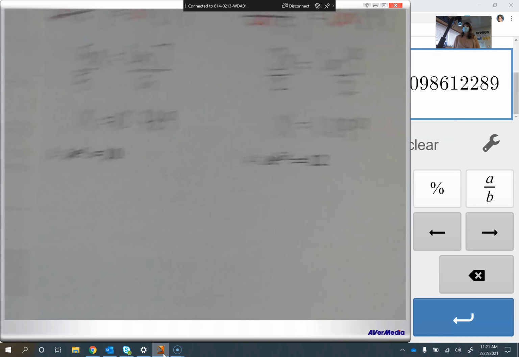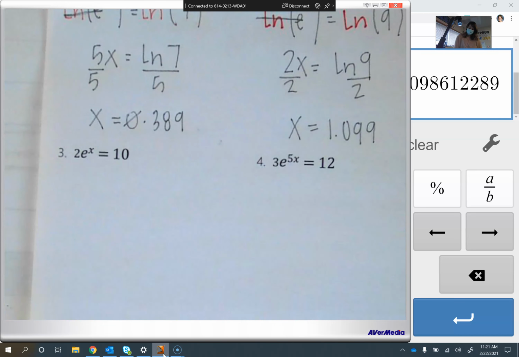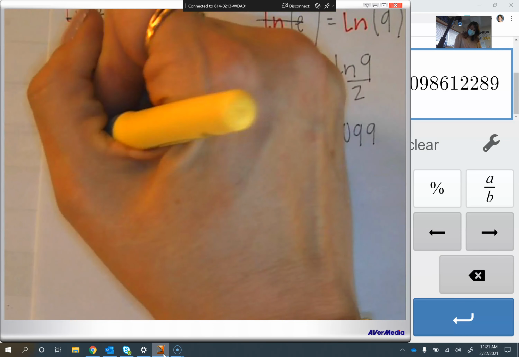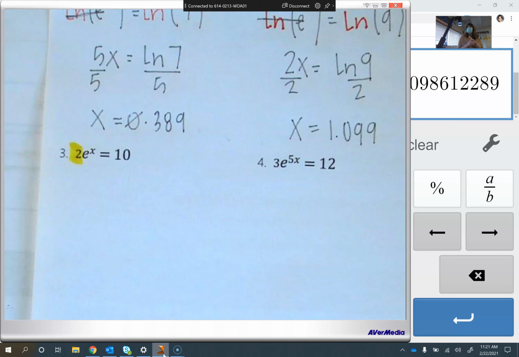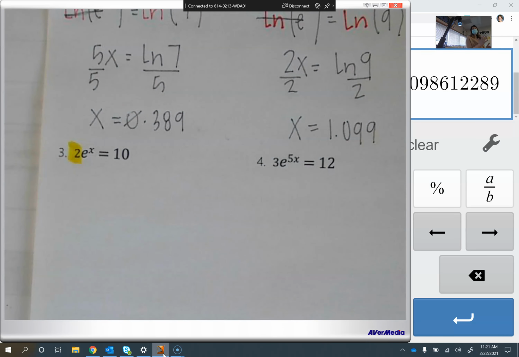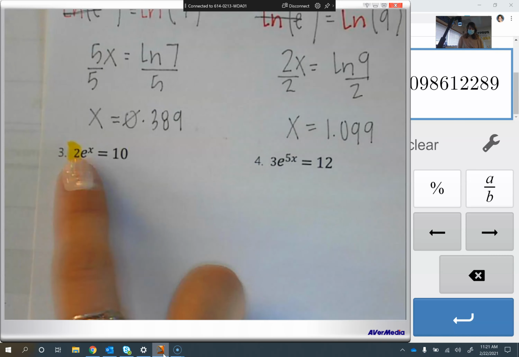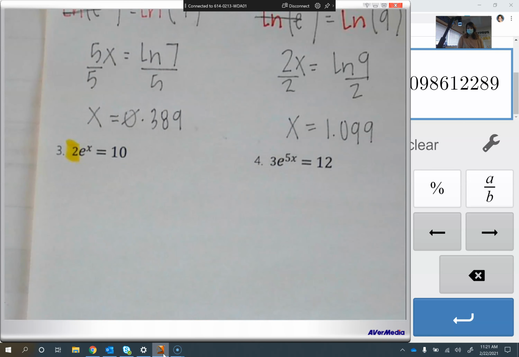Okay, so notice this time we have a 2 out on the front. And before we can get rid of that e, it has to be alone on the left-hand side of the equation. So we cannot take natural log of 2e to the x. So we got to pull this guy off of the front. So we're going to divide first by 2.